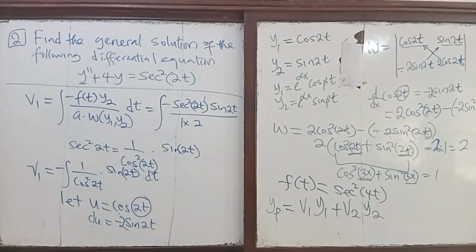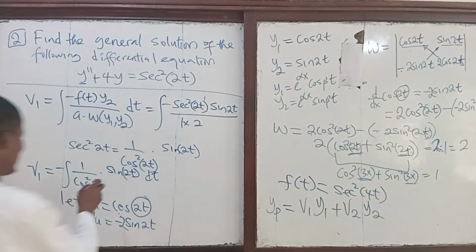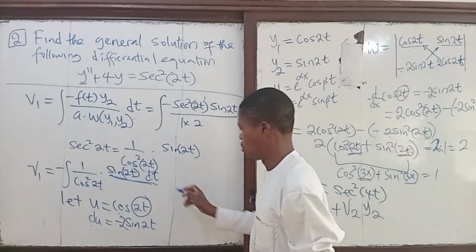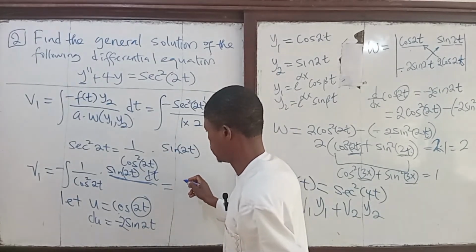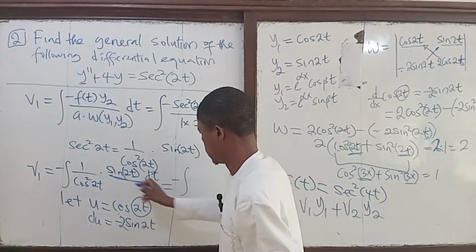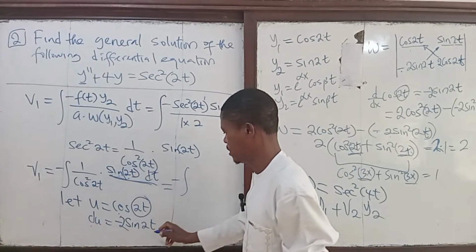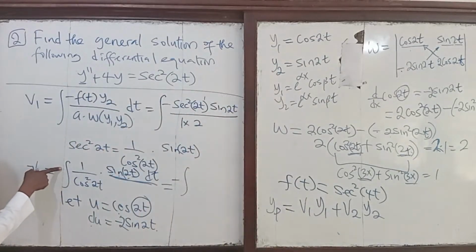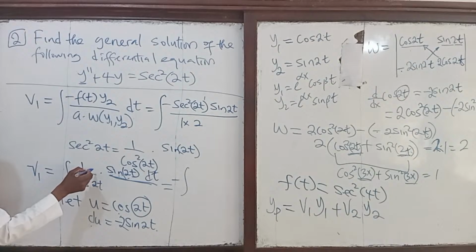So that's what we have there, and you can see it's the same with this. So that will be equal to minus integral of sin 2t dt. We can allow this minus to come in.